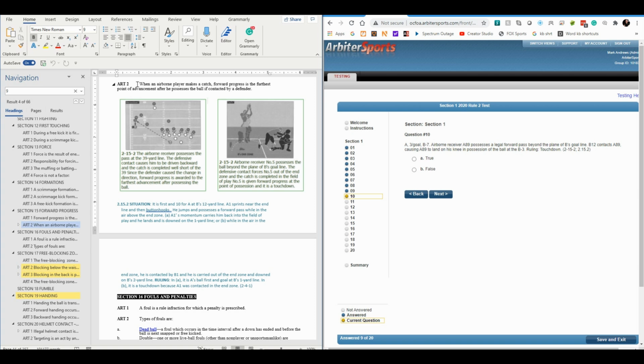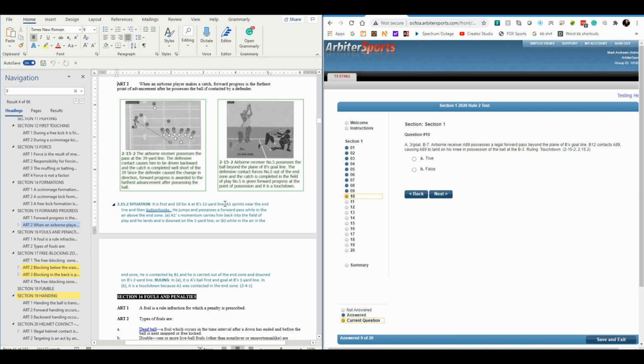Okay, make sure you understand that. He gets forward progress, and that forward progress includes the progress he made while he's airborne. So, when an airborne player makes a catch, forward progress is the furthest point of advancement after he possesses the ball if contacted by a defender. Okay, and then it references the casebook 215-12.